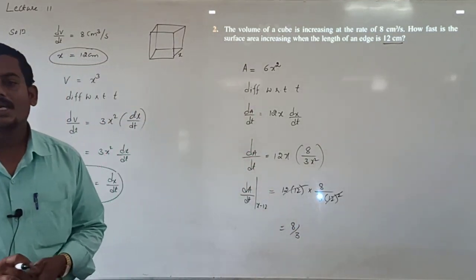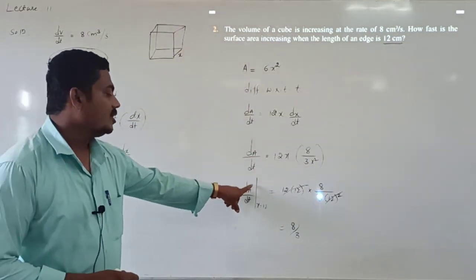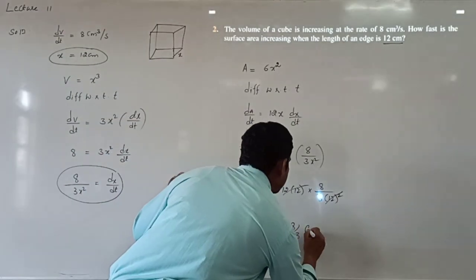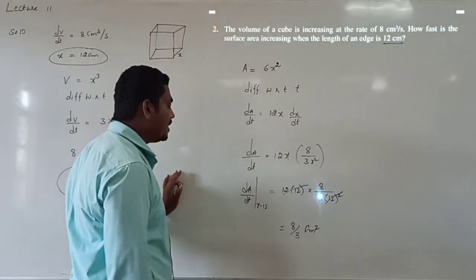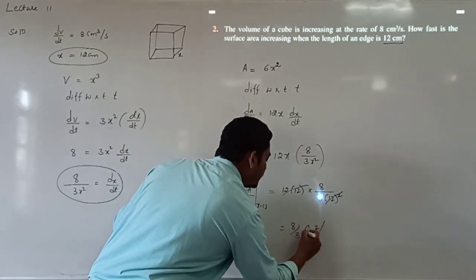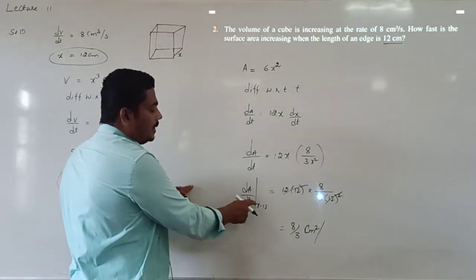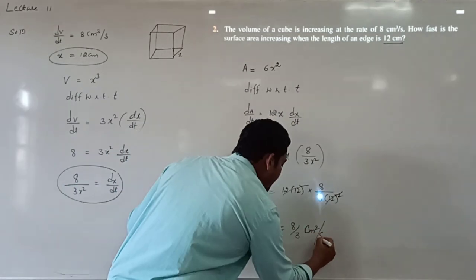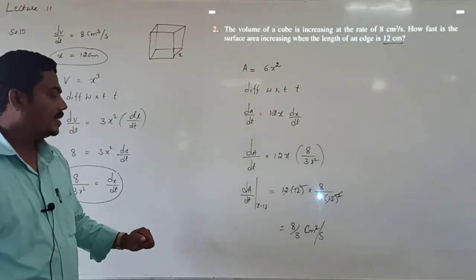Can you tell me its unit? In the numerator the area function is there, measured in square centimeter per, means divided by, in the denominator the time function is there, time measured in seconds.